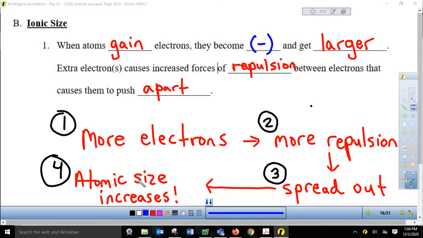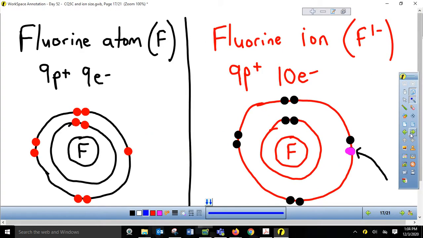That causes them to get farther away from the nucleus, which will increase the size of the ion. So add more electrons, that increases the repulsive forces between the negative electrons. As a result, the electrons are going to spread out, push apart, and that will increase the size of the ion.